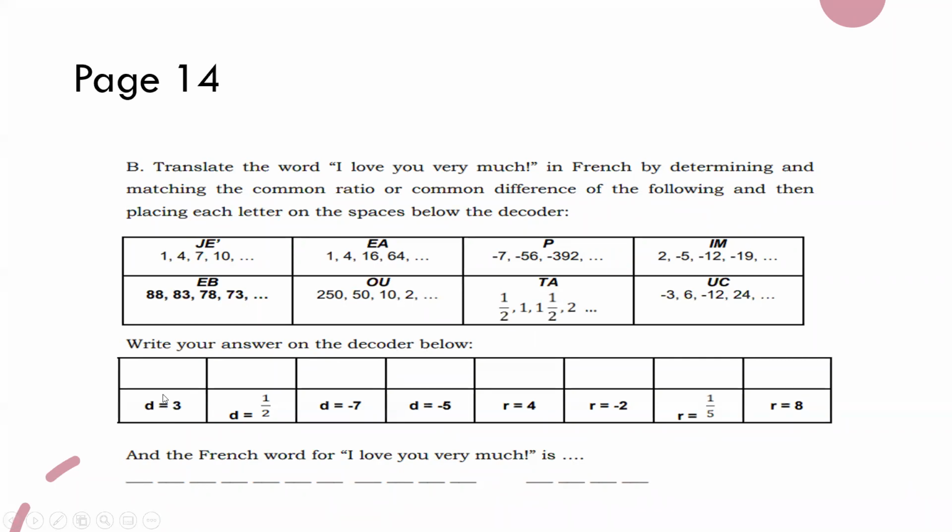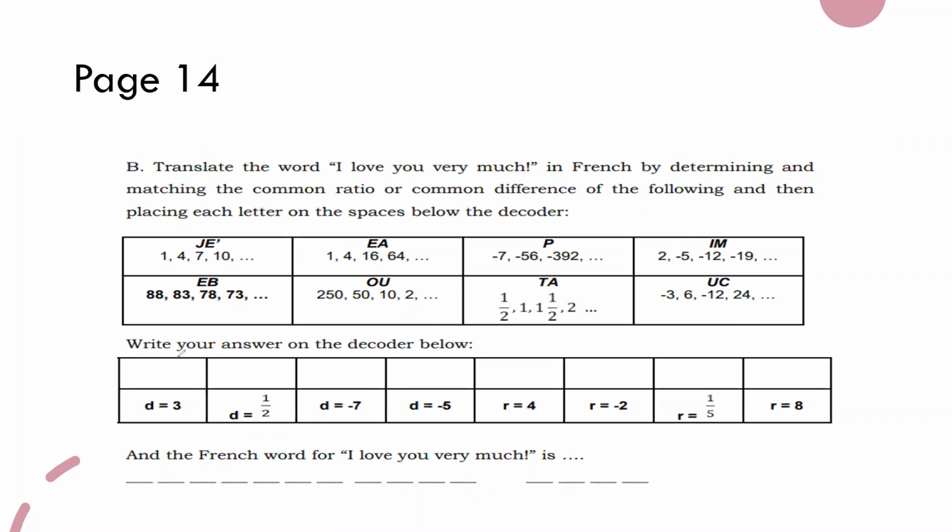Ang sabi niya, D equals 3. Ito yung titingnan ninyo. D equals 3. Alin dito ang may common difference. Common difference ang nakalagay. Ibig sabihin, ang kailangan ninyong hanapin ay arithmetic sequence na nadadagdagan ng 3.